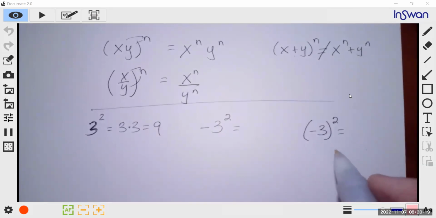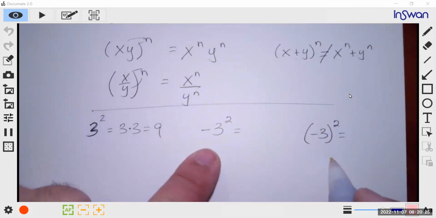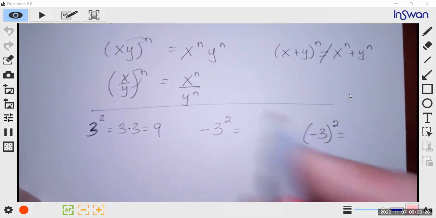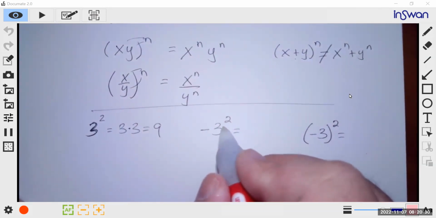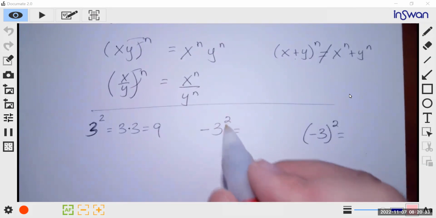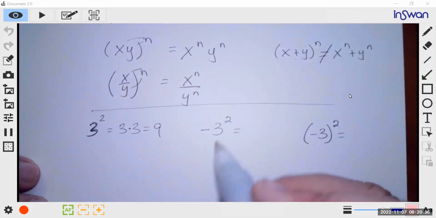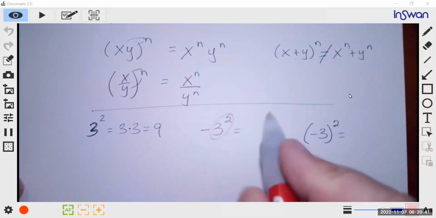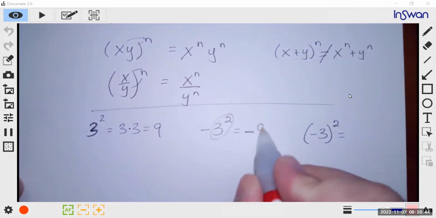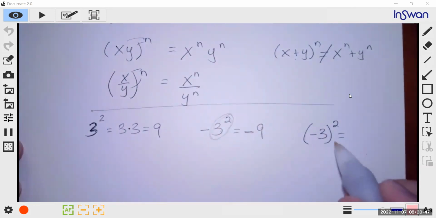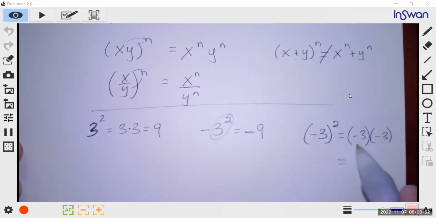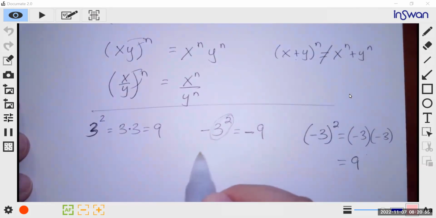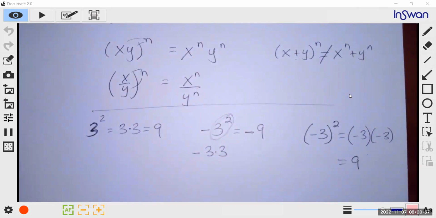In parentheses, negative 3 squared. They both can't be the same answer because they're not the same equations. The exponent only belongs to its base. Is the negative the base of the two? No, the only thing that's the base of the two is that 3. The negative is on the outside. 3 squared is 9. As opposed to this, what this one means is negative 3 times negative 3, which is positive 9. This one is negative 3 times 3.